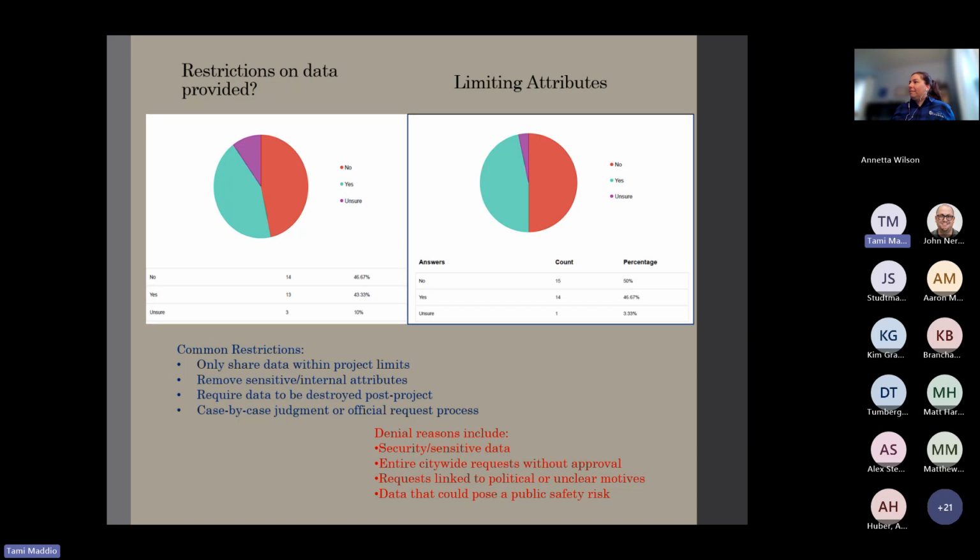Some of the reasons are security and sensitive data. We need approval from upper management a lot of the time to provide the whole city. I would agree with that in our case. And sometimes it's for unclear or political motives that we're not providing certain data, but mainly safety risks are where we're limiting what data we're providing.